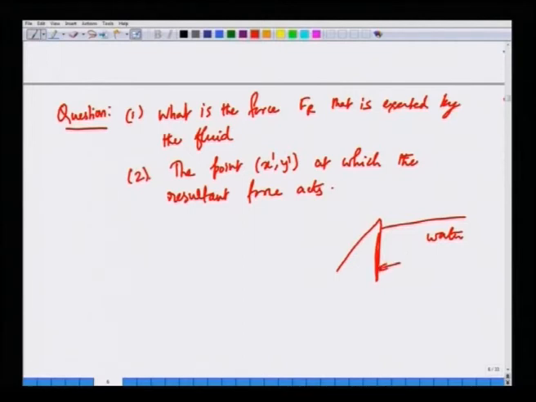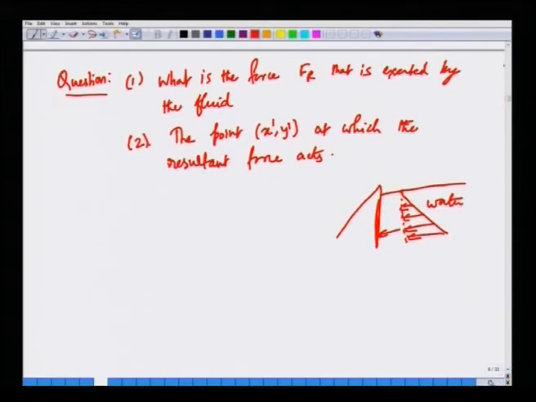The reason why hydrostatics is different is because the pressure varies with the depth. The pressure at this point is merely atmospheric, but as you go down the pressure will increase linearly. So, the force cannot be obtained by simply multiplying the pressure by the area. It has to be obtained by integrating the pressure with respect to the vertical coordinate. Okay. So, this is what we want to do.